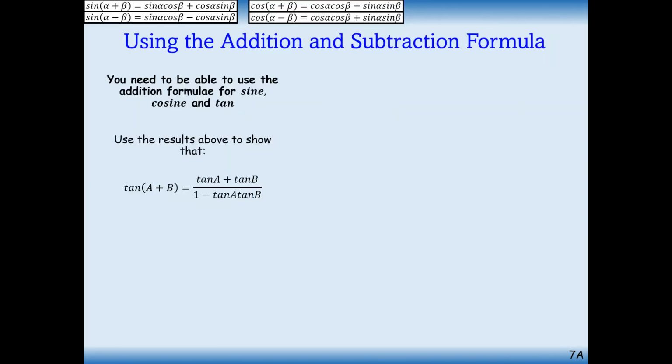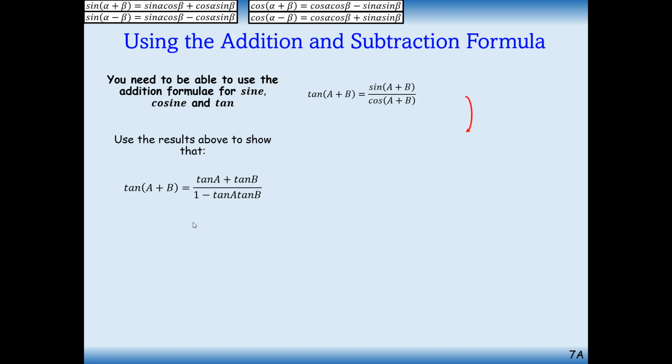There is the tan version of it, which we can derive from the sine and cos that we already found out. For tan of a plus b, we were asked to prove and show why it is this formula. So you can use the fact that tan is sine over cos and rewrite the right hand side as sine of a plus b over cos of a plus b.